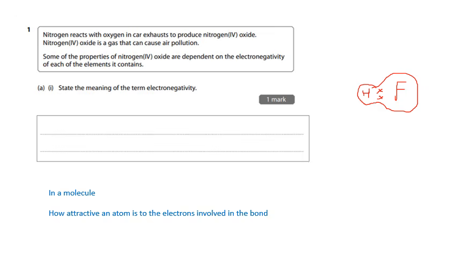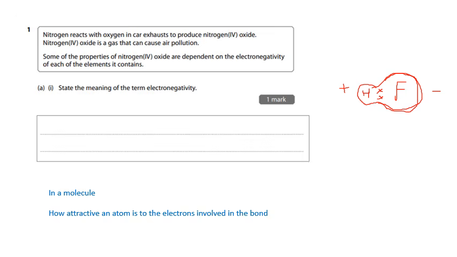And so what you'll find is that these electrons will spend a lot more time hanging around the fluorine than they will around the hydrogen. And because of that, you'll end up with what we call a polar molecule. In other words, that end of the molecule will be positive and that end of the molecule will be negative. So it's a polar molecule because the fluorine is more attractive to the electrons in the covalent bond.